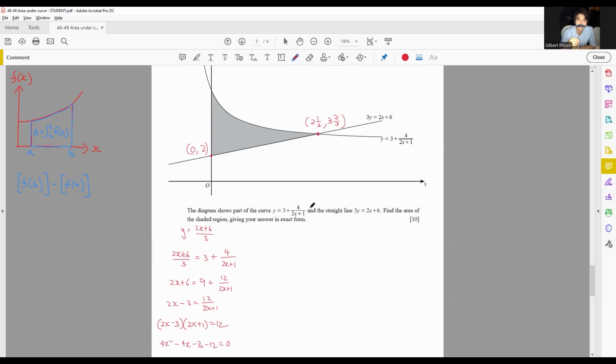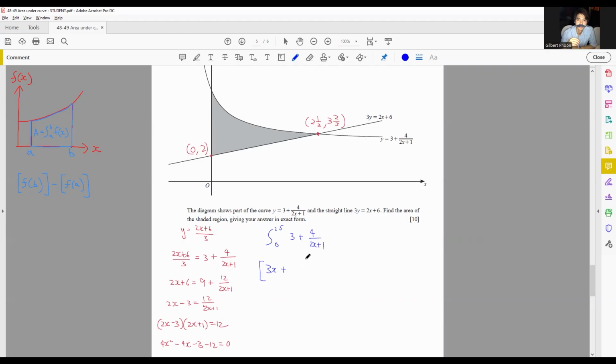Okay, now we can find the area under the curve with the definite integrals of 0 and 2.5. So next thing we're doing is we're integrating the curve equation between 2.5 and 0 for 3 + 4/(2x + 1). Again, this is going to be a long equation. Integrate this, 3, you get 3x, right?